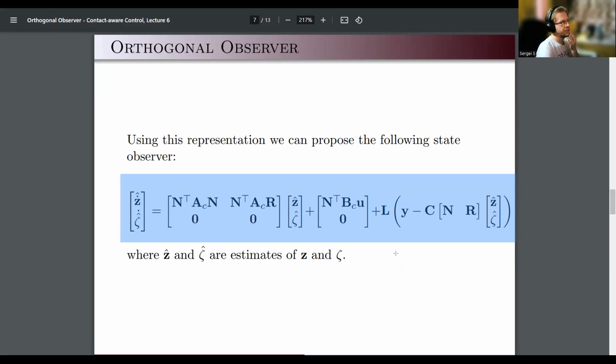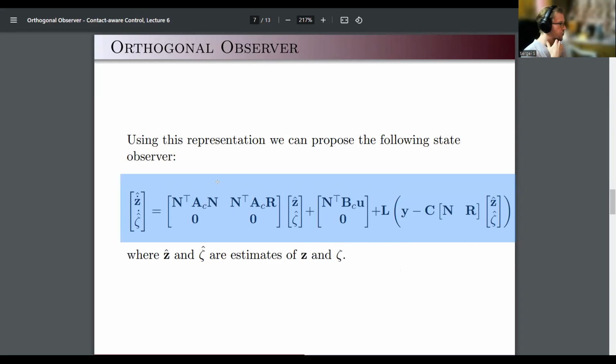This is more or less half of the work for observer design. When you're going to implement this in practice, so let's say you're building a robot, what I just showed you in color is what you're going to actually build.